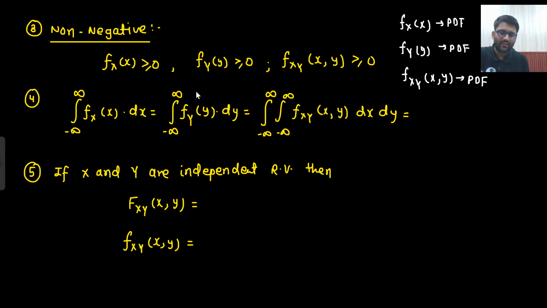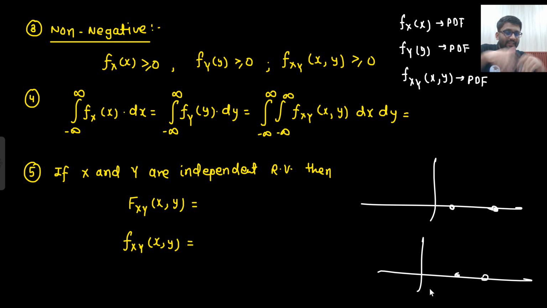Here the area under the curve will be taken as x going from minus infinity to infinity and y going from minus infinity to infinity. Because previously only x was there or only y was there, but now the limits of both x and y would be there. So the area under the curve will be 1, right?